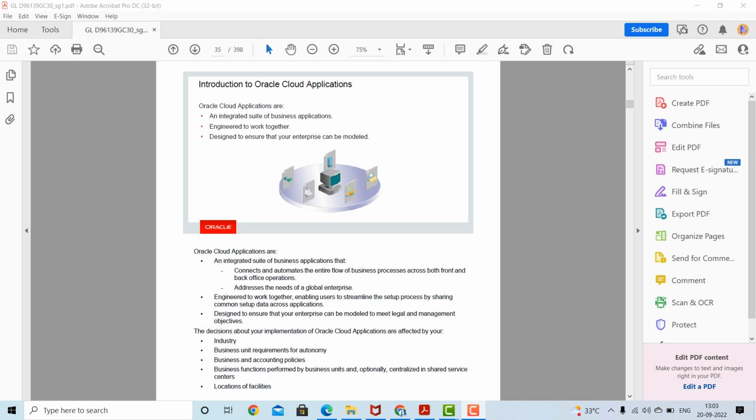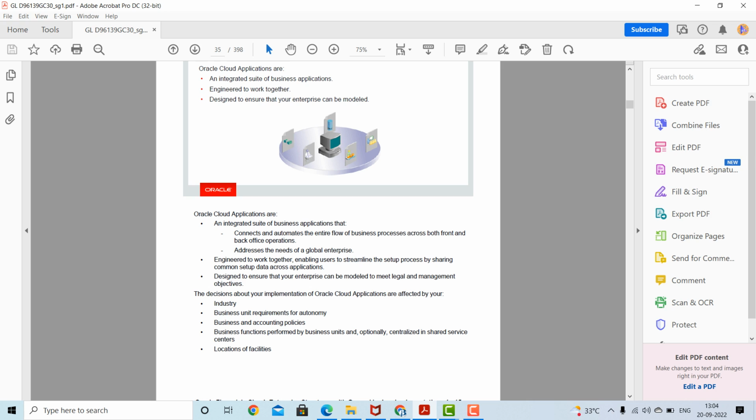Engineered to work together, enabling users to streamline the setup process by sharing common setup data across applications, designed to ensure that your enterprise can be modeled to meet legal and management objectives.